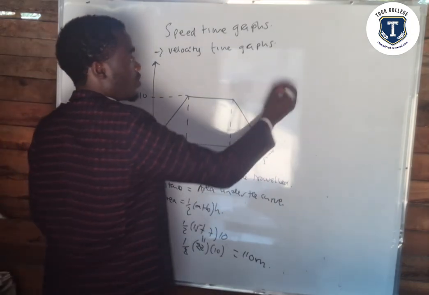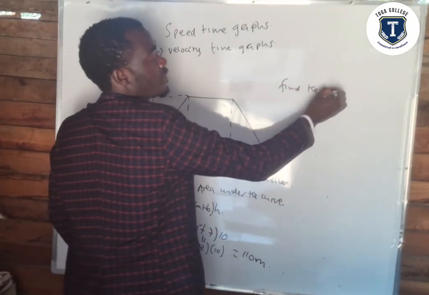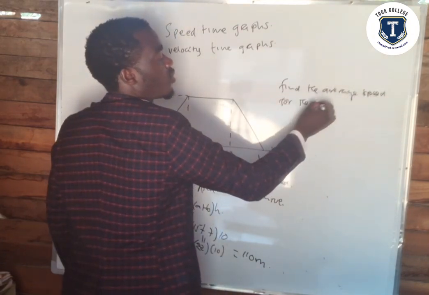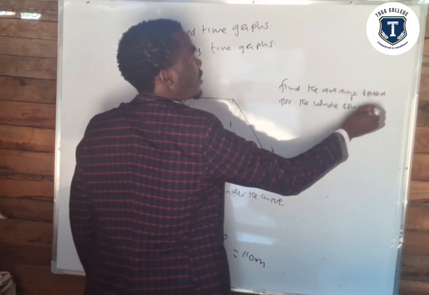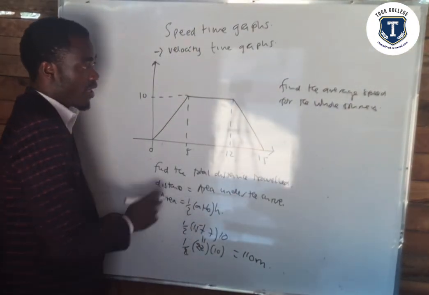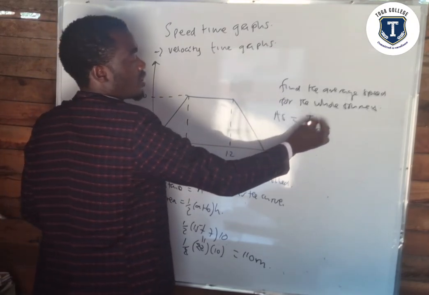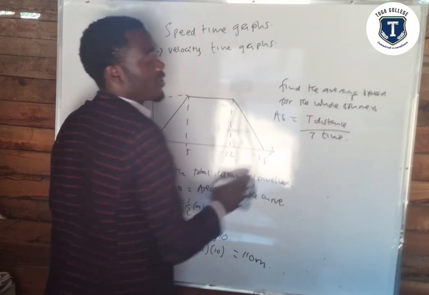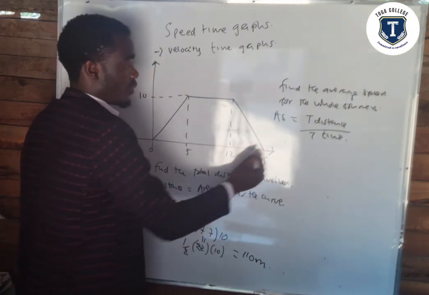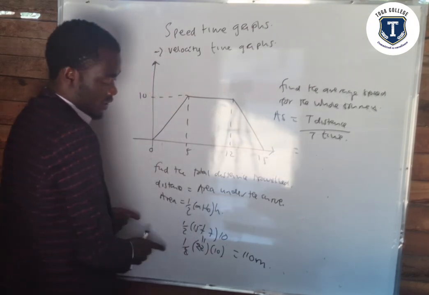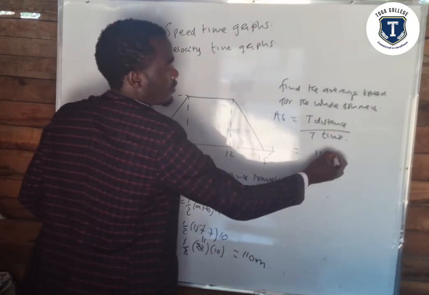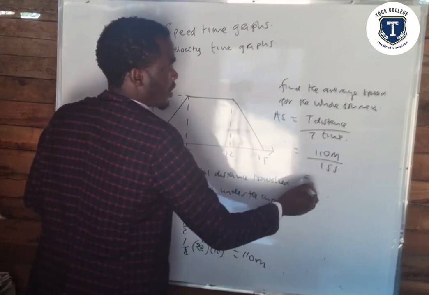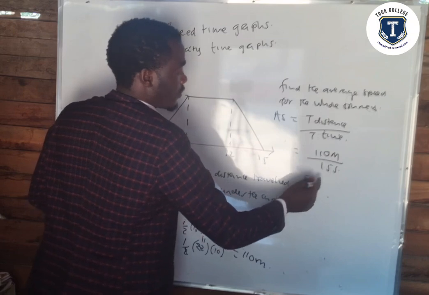And they may even ask you to find the average speed for the whole journey. Find the average speed for the whole journey. Average speed is equal to total distance over total time. This is basically how you answer for average speed, right? So average speed is equal to total distance, we got it here, it's 110 meters over total time, which is 15 seconds.